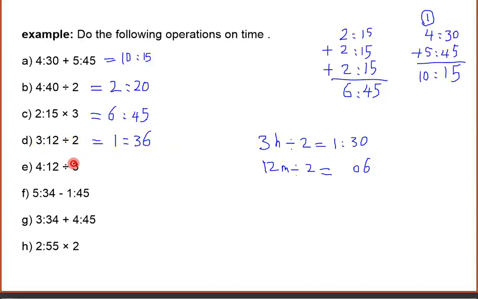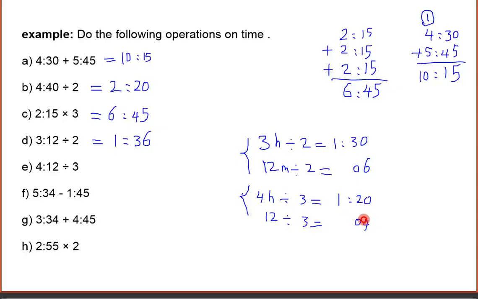Okay, the next one. So I can say here again, 4 is not divisible by 3, but I know that 3 is divisible by 3. 1 hour is again divisible by 3, so I can say 4 hours divided by 3 will be 1 hour and 20 minutes, and 12 minutes divided by 3 will be 4 minutes.